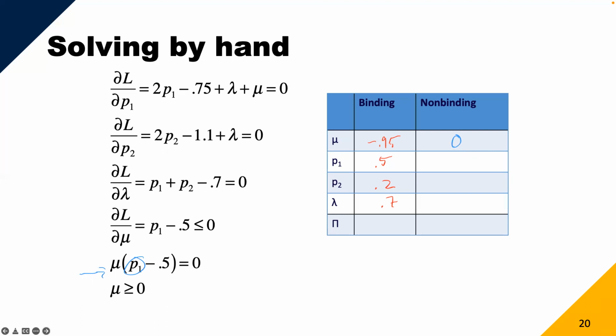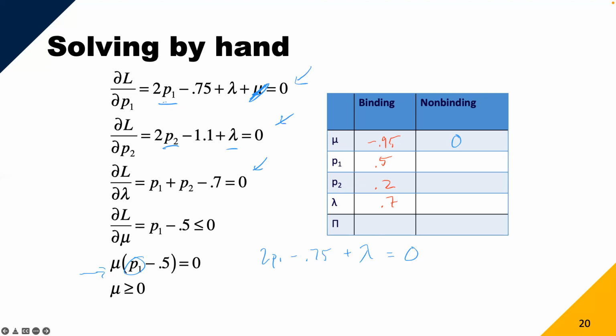So this is now going to be a little bit trickier. I have some equation 2p1 minus 0.75 plus lambda, and now the mu is gone, so that's equal to 0. If I get rid of this, I now have 3 equations with P1, P2, and lambda. So 3 equations, 3 unknowns.